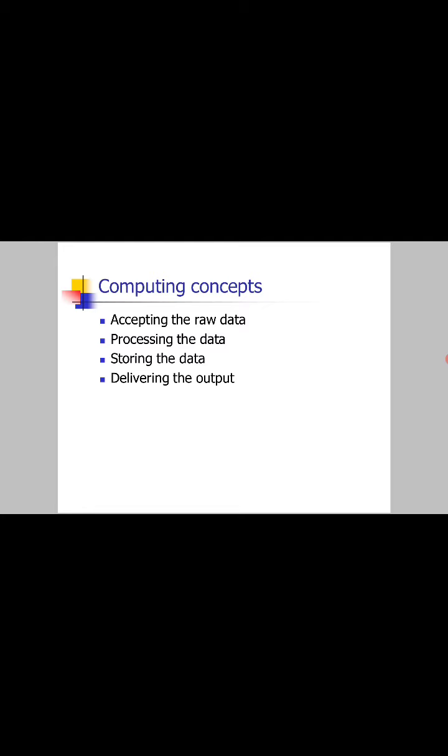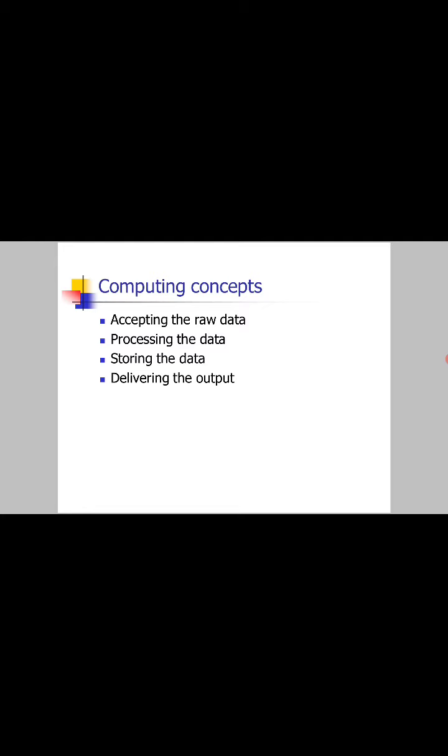What is the role of input devices? It simply accepts the data or instructions or commands from the users and sends it to the processing unit. The processing unit is the main unit of a computer.